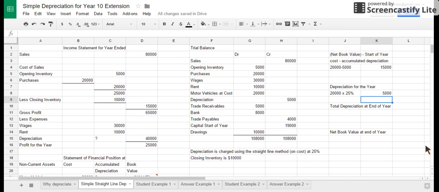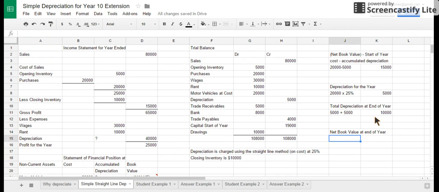My total depreciation at the end of the year is going to be the 5,000 I had at the start of the year, plus the 5,000 we've calculated for this year. So my total depreciation now is 10,000, and my net book value is calculated next.